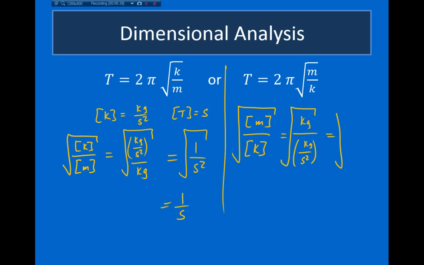So this is going to be the square root of a kilogram times, and we'll flip that fraction, so we have seconds squared over kilograms. When we do this, the kilograms cancel, and we have the square root of the seconds squared, which is just seconds. So we can see that this equation on the right has units of time, which it's supposed to, because T is supposed to have units of time.